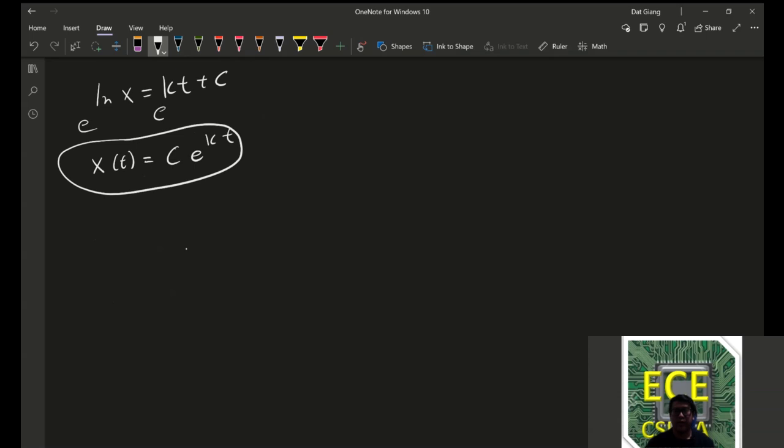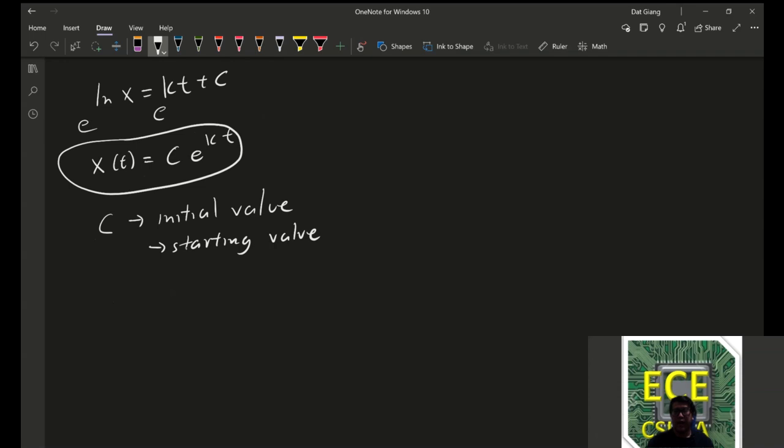Now, C is considered the initial value or the starting value of any kind of first order differential equation model that can be solved by separation of variables.